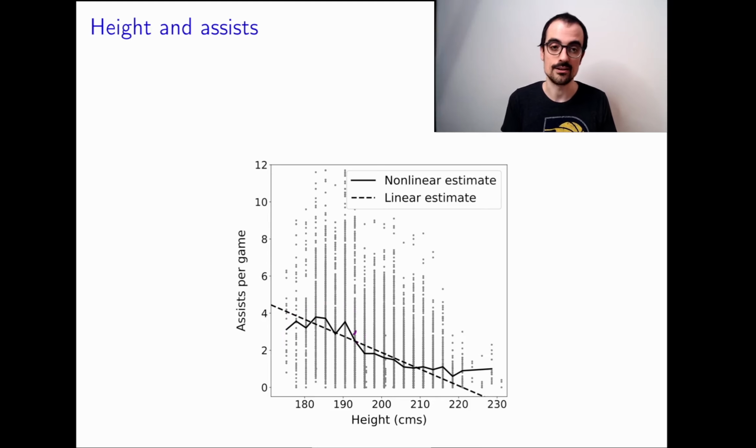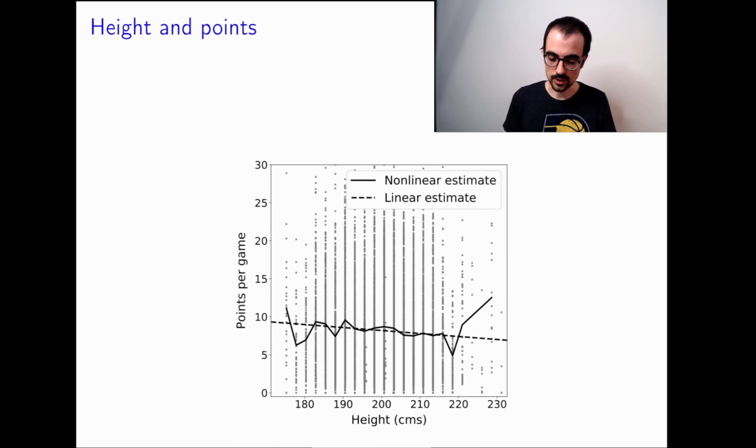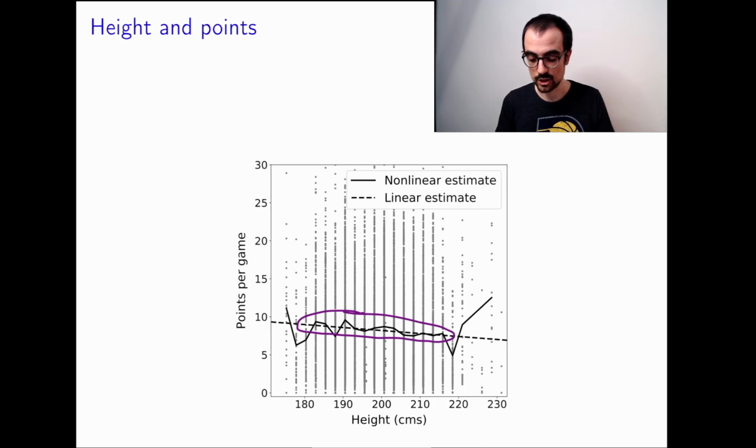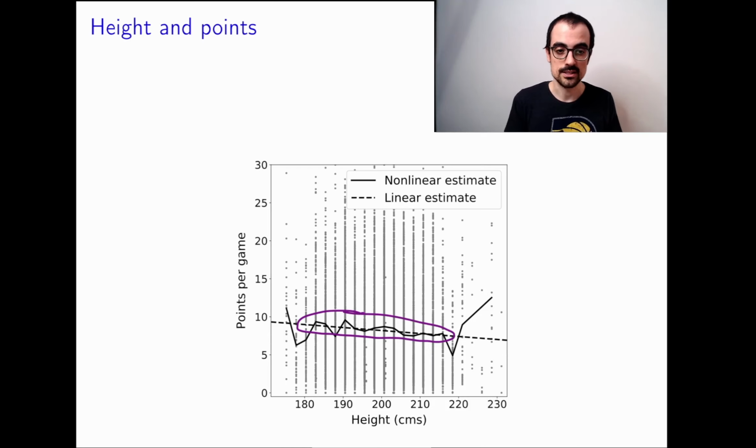In that case, the linear estimate cannot deal with it. And when we look at height and points, we again see that there's some noise in the nonlinear estimator, but in general it does seem like this linear trend of shorter players scoring a bit more is also apparent in the nonlinear estimate, interestingly enough.